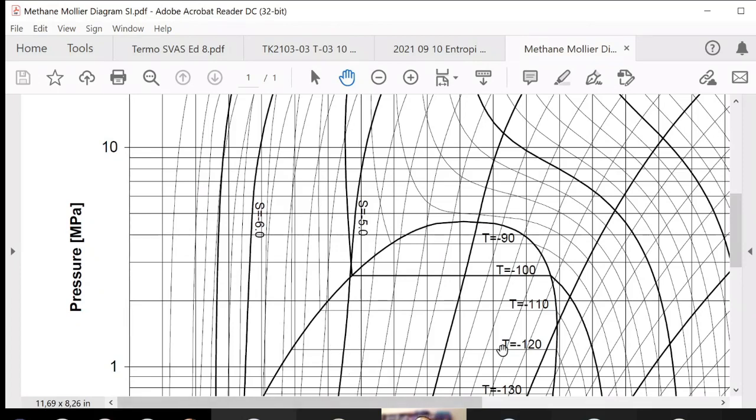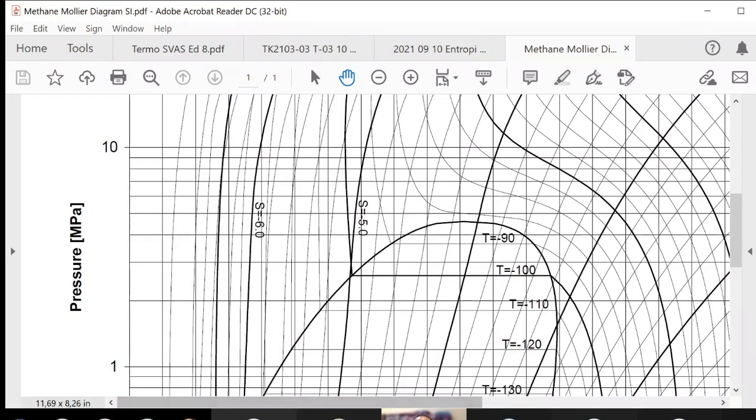What if I have a point over here? If I have 100 kilograms of mixture, 70 kilograms is vapor of methane, and 30 kilograms is liquid. Why is the liquid only 30? Because it is far away from the liquid area. So along the line over here, on the left hand side, I have 100% liquid. On the right hand side here, I have 100% vapor.